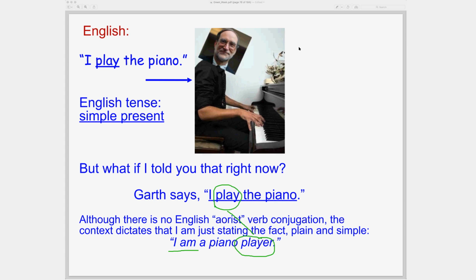And so I'll boldly make the statement that most of the time, when English speakers use this English simple present tense, they are usually using it in the indefinite sense, in the aorist sense.